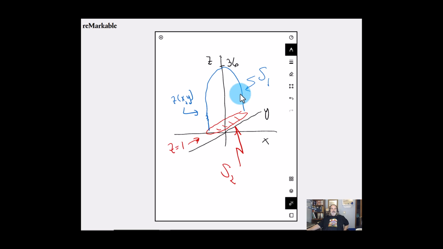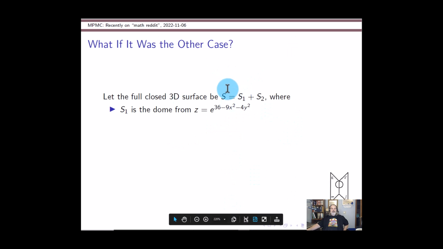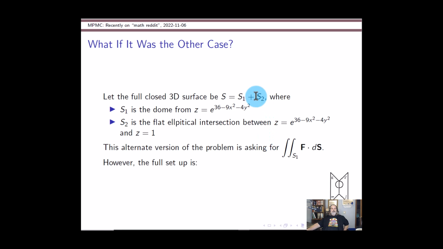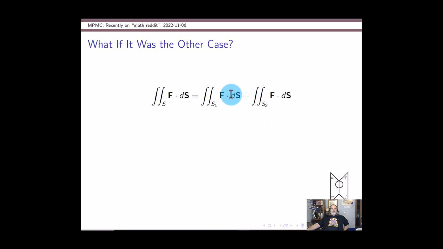then we could either build that surface integral directly, which would be terrible, or we can still go back to the divergence theorem, but we'd have to understand that there's two different contributions. If we're only asking for the flux integral over the domed surface, we can still relate it to what we've already calculated, because the full closed surface, S, is just the sum of the dome surface as well as the plane surface.